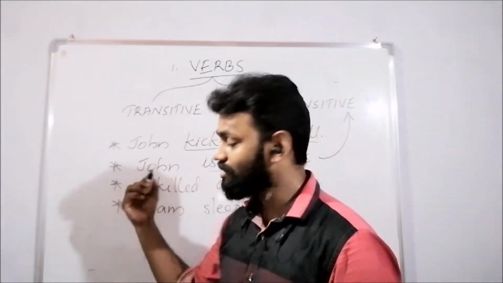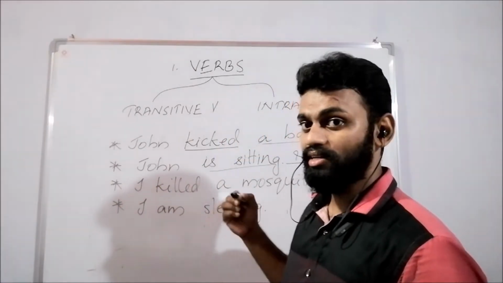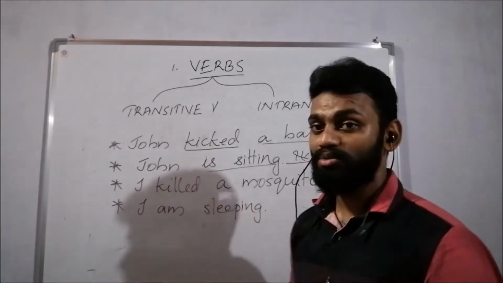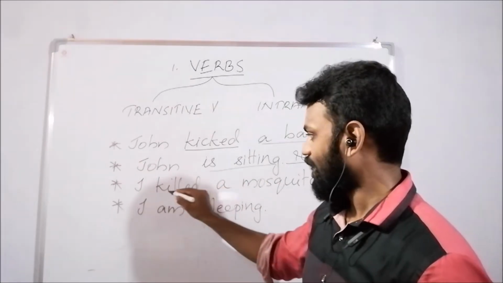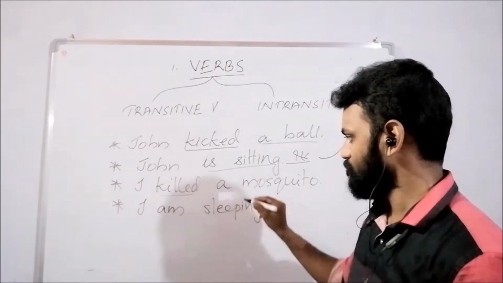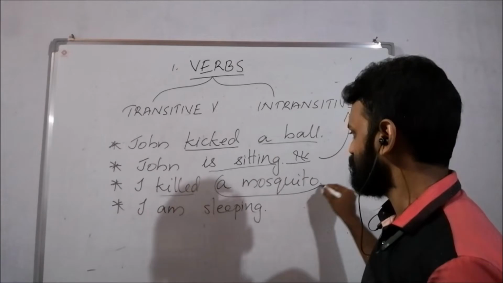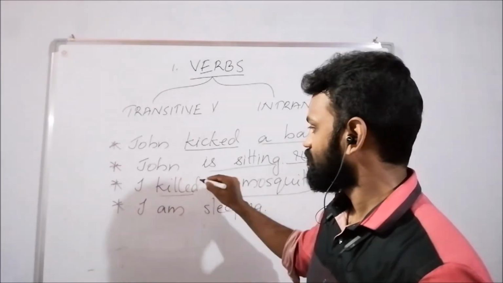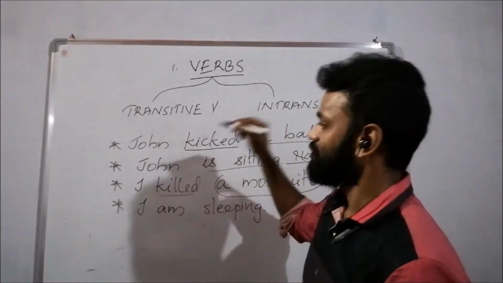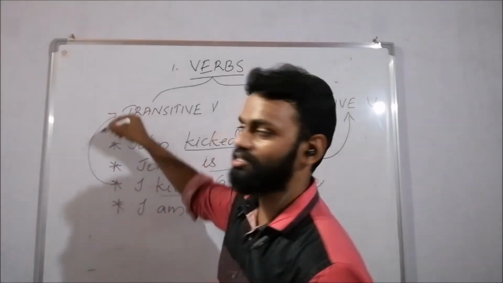And let's look at the third example. I killed a mosquito. Right, now the action is done by me, and is this action passing to someone else? Of course, you see this action is passing to a mosquito. So now this action or this verb passes to someone else. So it is a transitive verb.